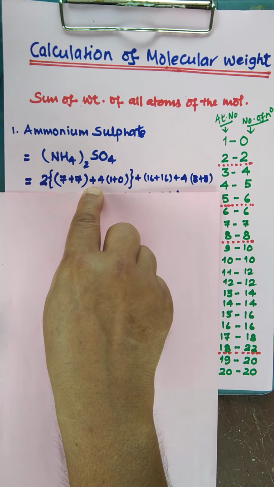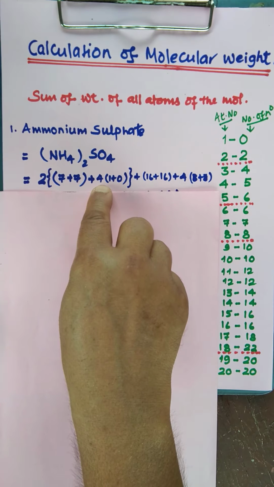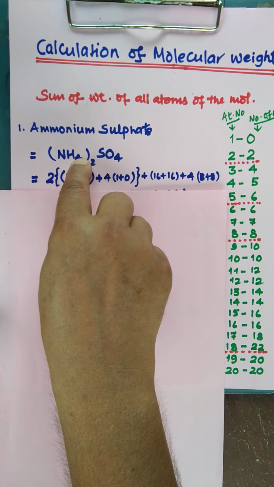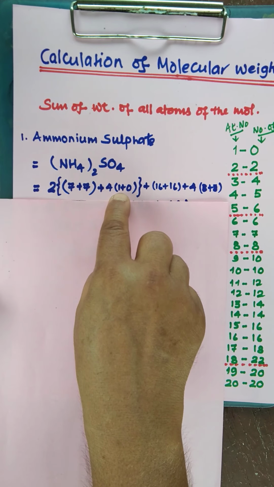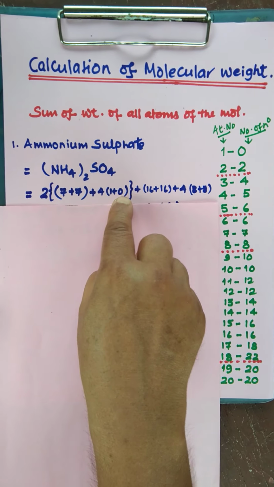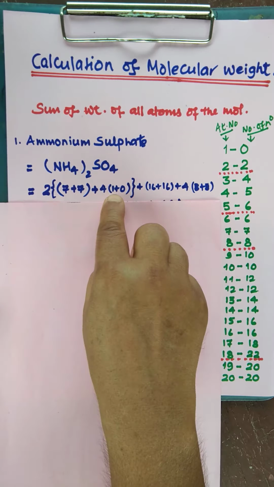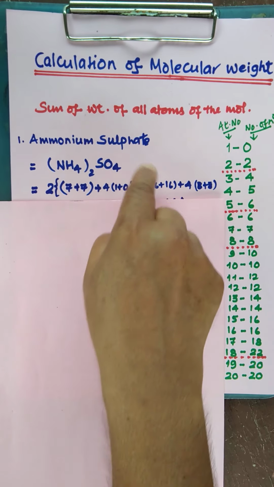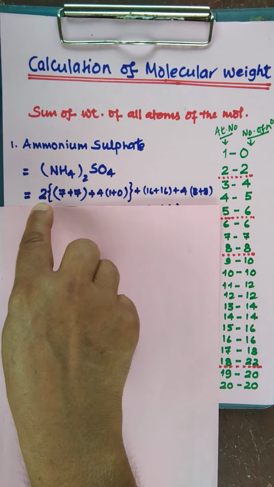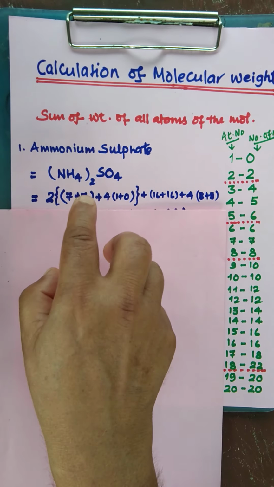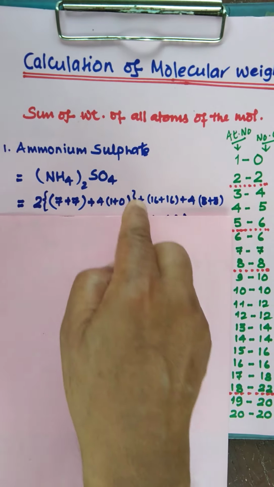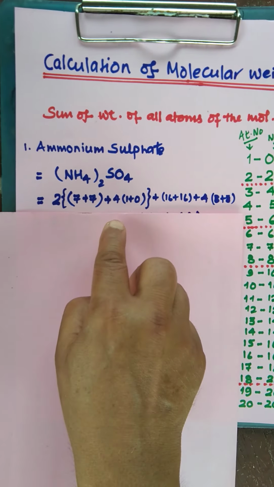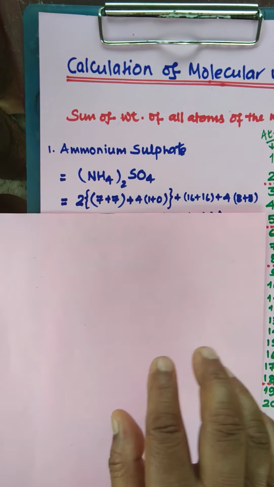Here we have to put plus 4, for the 4 hydrogens. Hydrogen's atomic number is 1, so it has 1 proton, and this 0 means there is no neutron. So it is 1 plus 0, and this is closed. But the whole thing belongs to 2, meaning this 2 is for 1 nitrogen and 4 hydrogen. That's why we put this middle bracket as well, which makes our work easier.